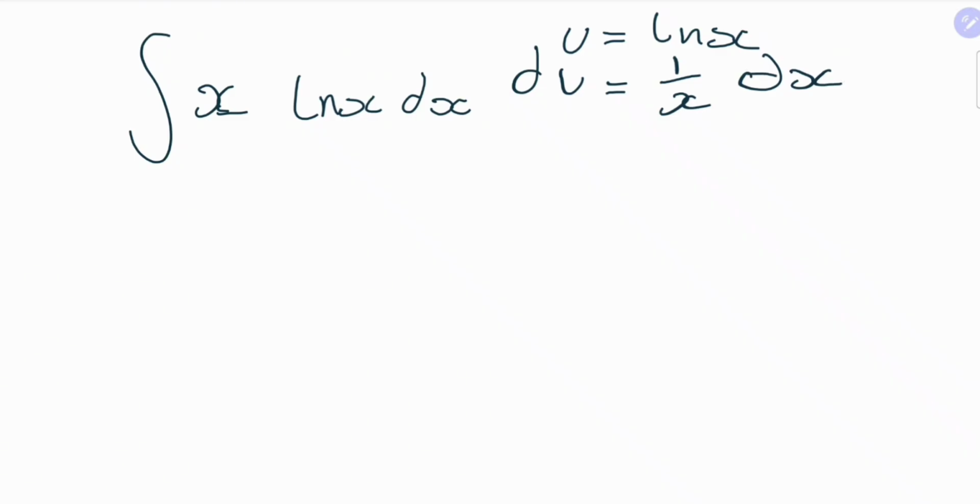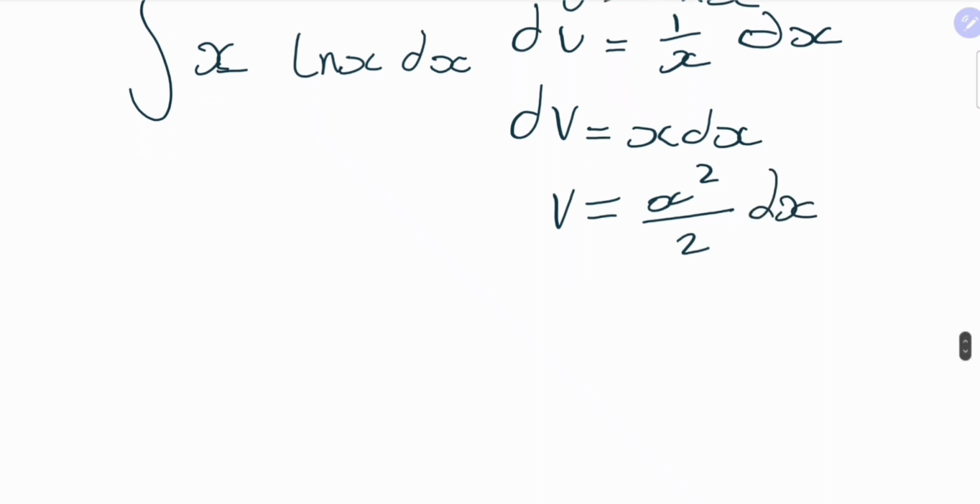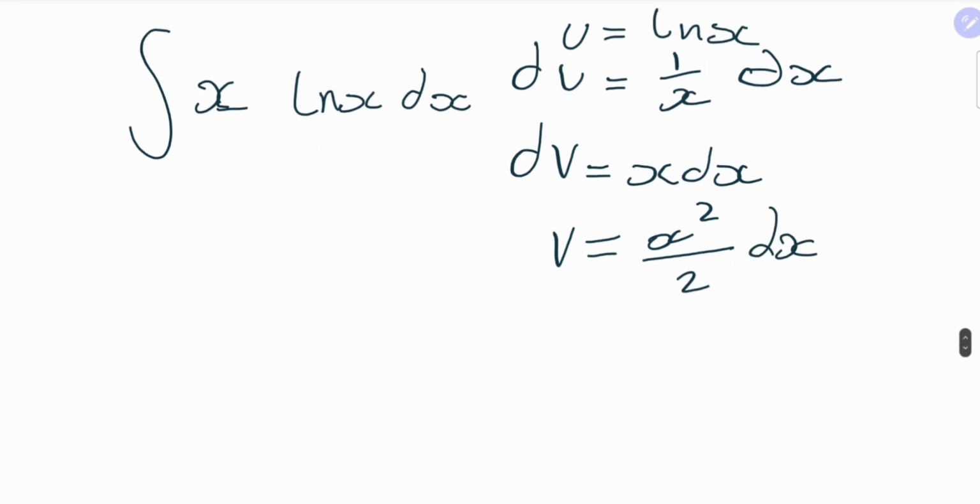That's a lot easier than finding the integral of natural log of x. That means that dv equals x dx, which is pretty easy to integrate. v equals x squared over 2. Great. Now we can use this.